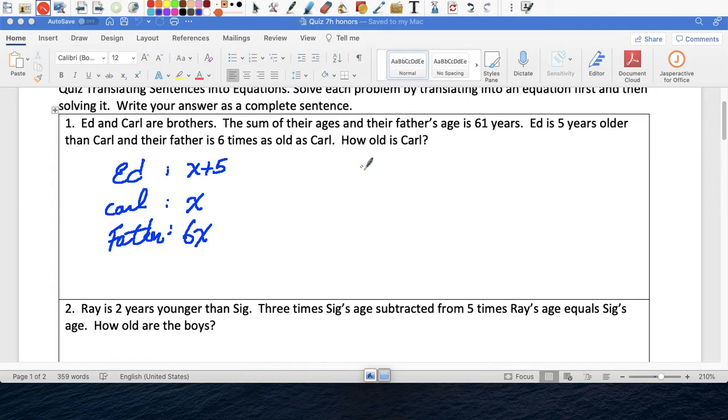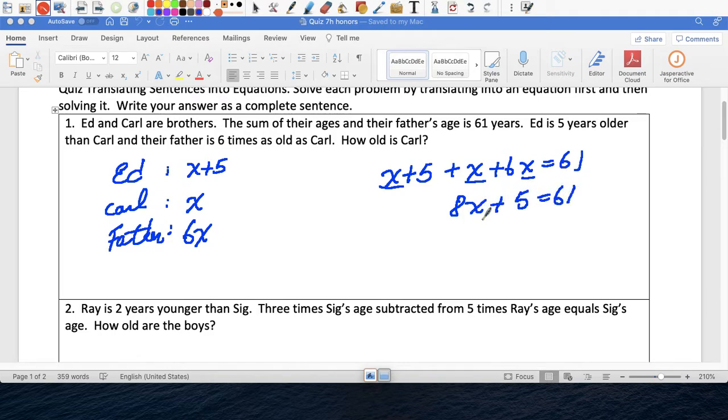Now, it's just a matter of setting up the equation. We know that the sum of the 3 ages, Ed, Carl, and Dad, gives you 61. Combine like terms. We get 8x plus 5 equals 61. Subtract 5 from both sides, and 8x equals 56.